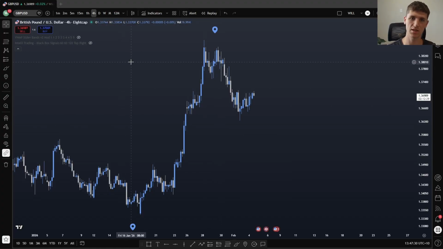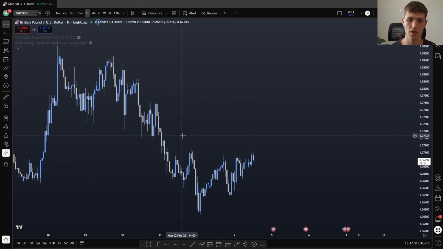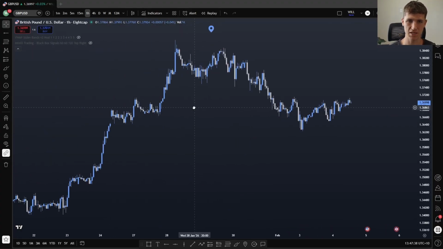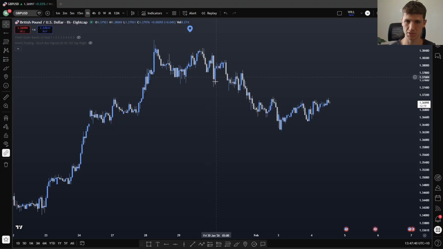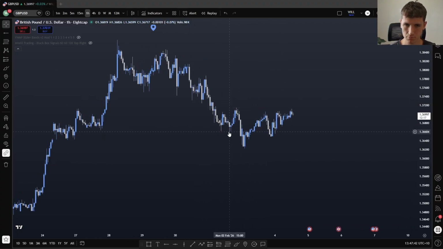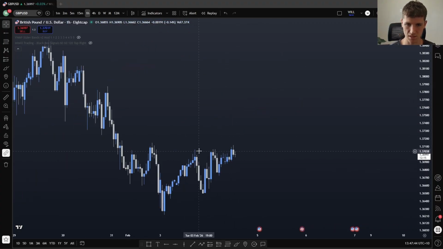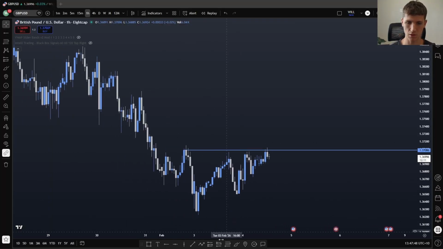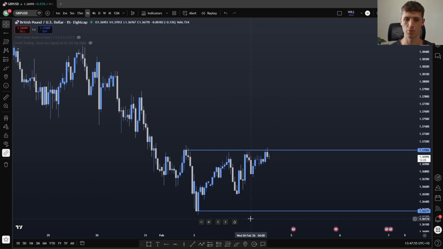So weekly, daily, 4 hour is bullish, indicating price is going up. The hourly, starting from the top and working our way down, I can see that this is the previous lower high and this is the previous lower low. Price has not broken above, price has not broken below.